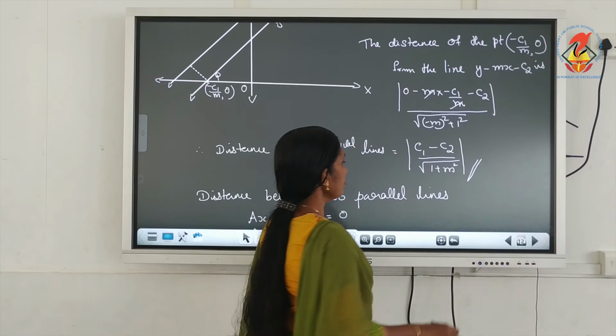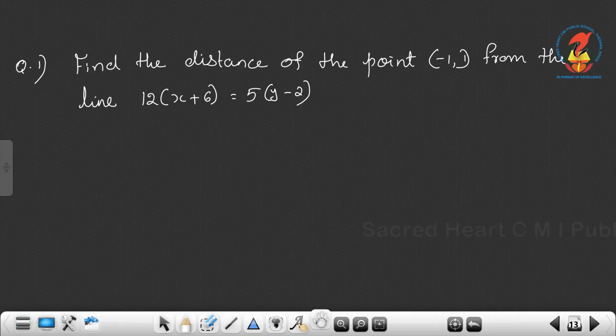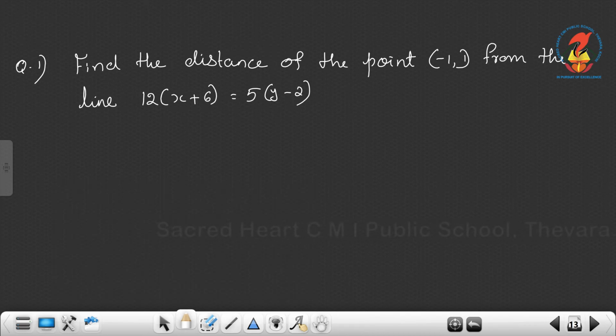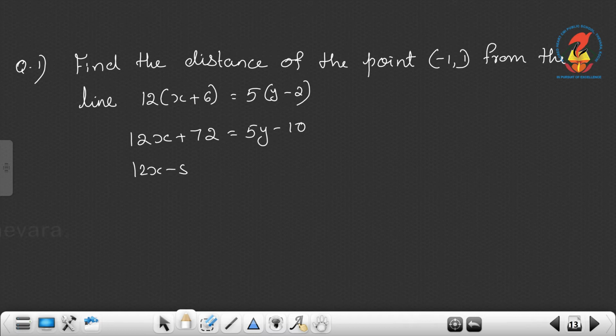Okay, you can do problems. Find the distance of the point from the line. The line is not in the general form, so first we write it in the general form, or 12x minus 5y plus 82 equal to 0.